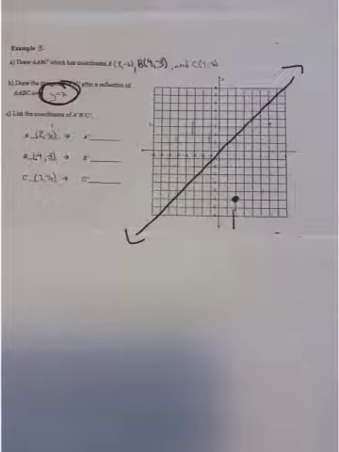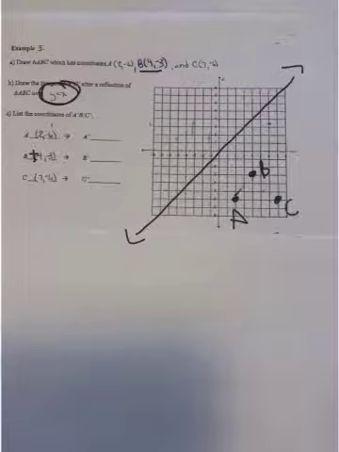B is at positive 4, negative 3, so right 4 and down 3. C is at 7, negative 6, so right 7 and down 6. Connect them, and we'll have our triangle.